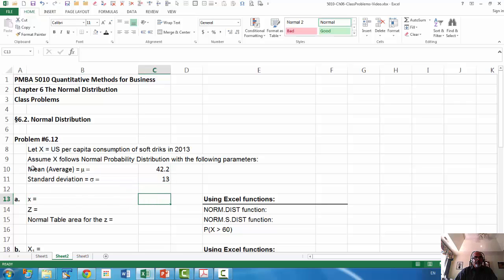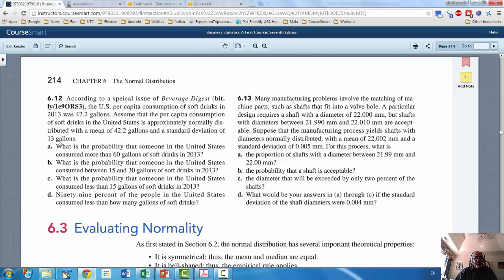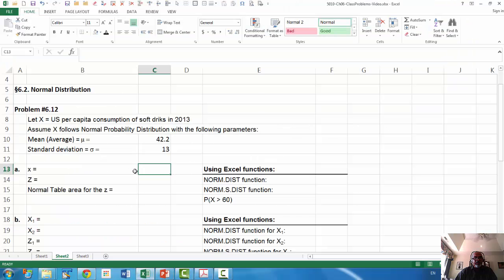Alright, so now let's compute some probabilities. So question A is, what is the probability that someone in the United States consumed more than 60 gallons of soft drink? So we want more than 60, remember that. So 60 is the x.